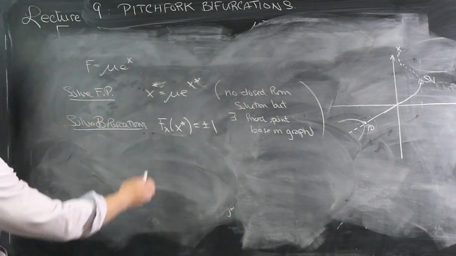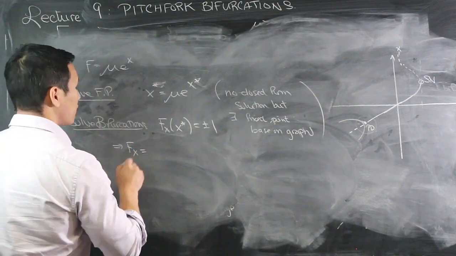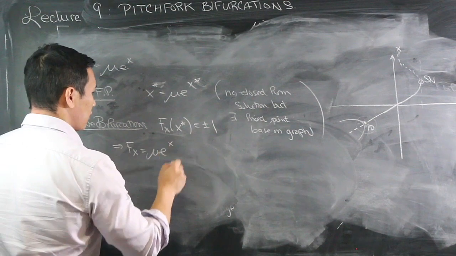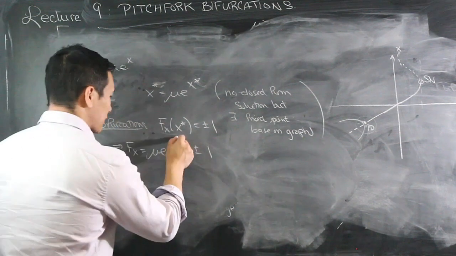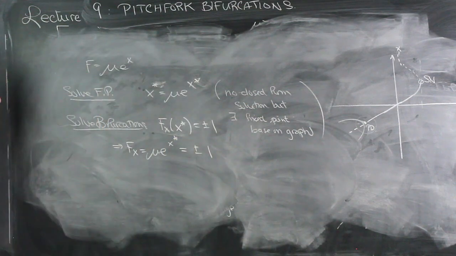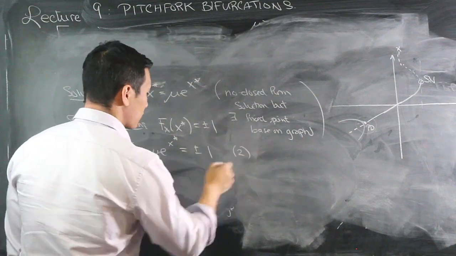So I can take the derivative f'(x) here. That's mu e to the x, and I need this to be equal to plus or minus 1, at x star, where this happens. Then I can combine equation 1 with equation 2.